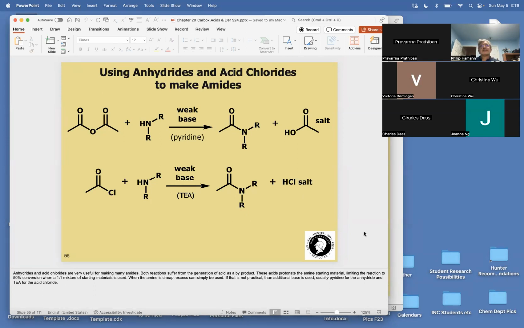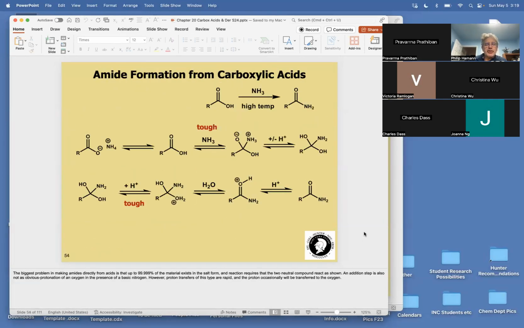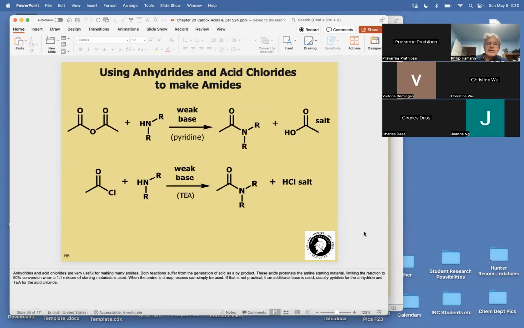At this point in Orgo, I don't see putting down different mechanisms that are really similar. So if you know this well and apply it to this with the same thinking, you'll do fine.